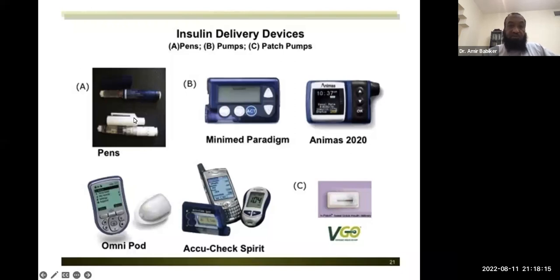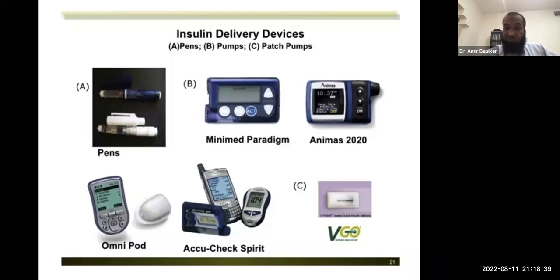So you have the pre-filled pens like this with a very small needle at the end. And then we have pumps, and also the Omnipod pumps, which are wireless and talk by Bluetooth technology. And also we have the closed loops. So we have sensors that talk to the pumps, and then it delivers the appropriate amount of insulin.